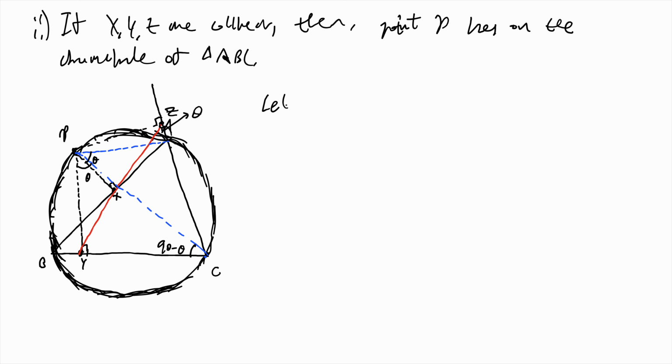So if X, Y, Z are collinear, let angle YZC equal angle XZA equals theta. And again, ZA and ZC are the same line by construction.